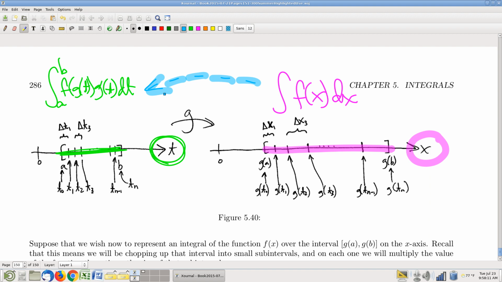Right? We turned the purple integral, that's what we started with, and we rewrote the purple integral as the green integral. Now what's weird is the function, what we're calling the substitution function, goes to the right, but the integral transforms to the left.